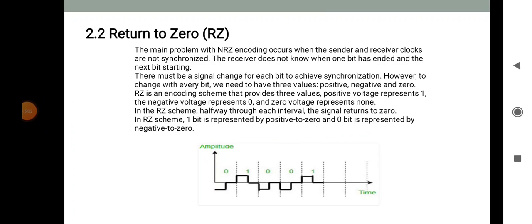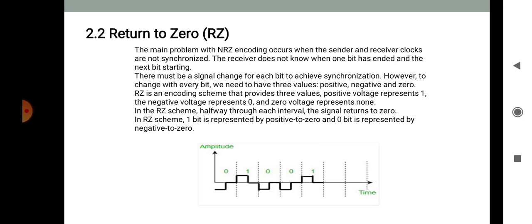Then another type is return to zero, RZ. The main problem with NRZ encoding occurs when the sender and receiver clocks are not synchronized. The receiver does not know when one bit has ended and the next bit is starting.